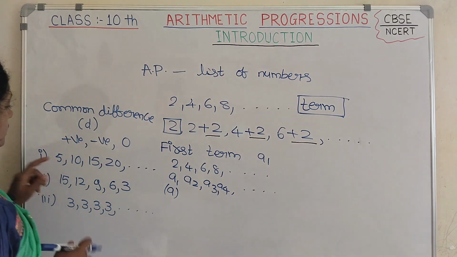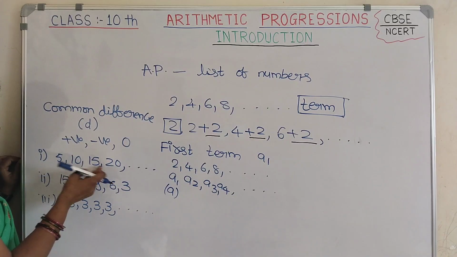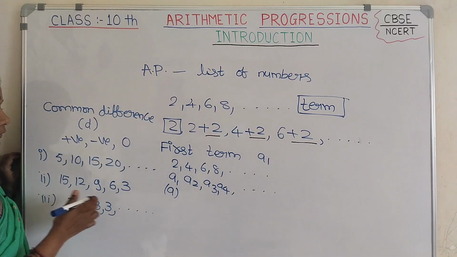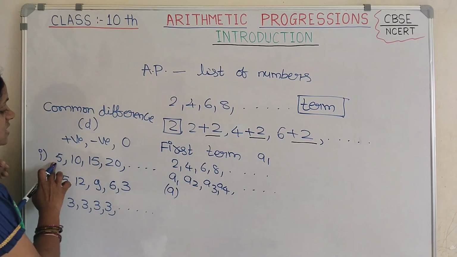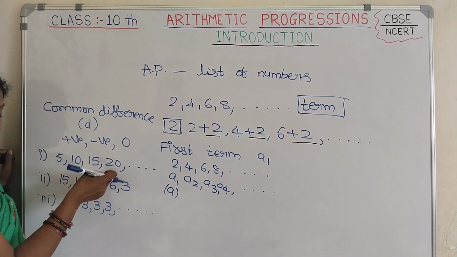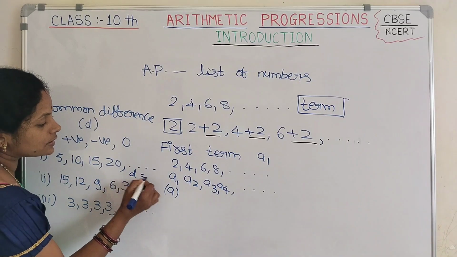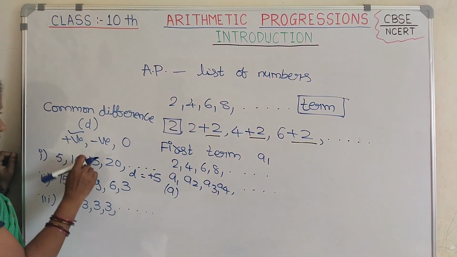See here, the first term is 5, second term is 10, third term is 15, fourth term is 20 and so on. If we add plus 5 to the preceding term, are we getting the next term? Yes. What is the common difference here? Plus 5. Here the common difference is positive.